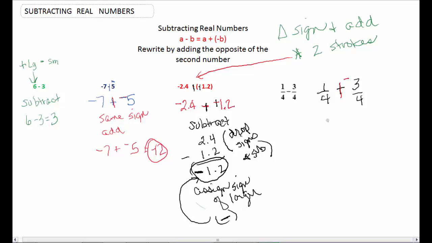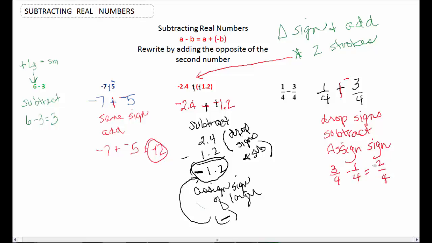And so now again we want to drop the signs and subtract and assign the sign of larger. So it's really 3/4 minus 1/4 is equal to 2/4. 3 minus 1 is 2. And the sign is a negative because 3/4 is larger. In this case, we're assigning a negative. And then, of course, we have to reduce it, so it's a negative 1/2.